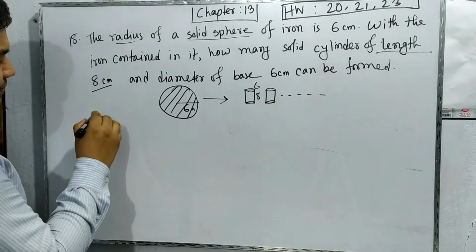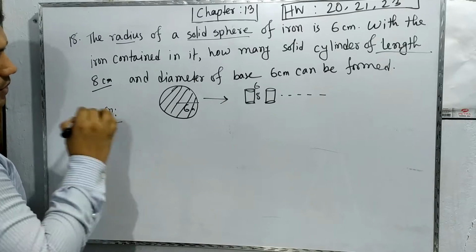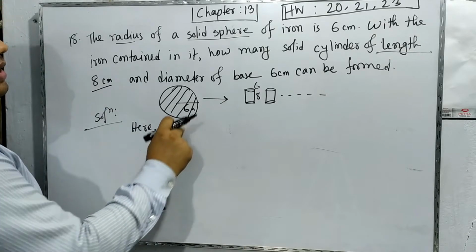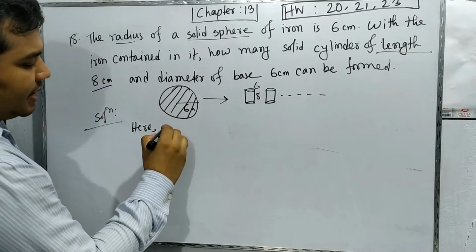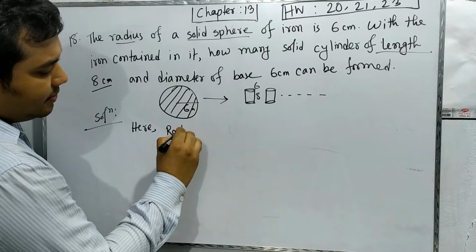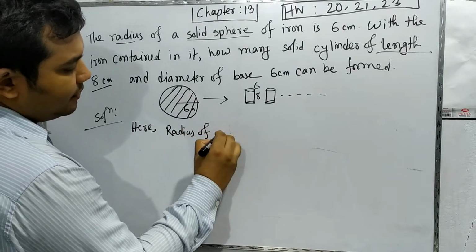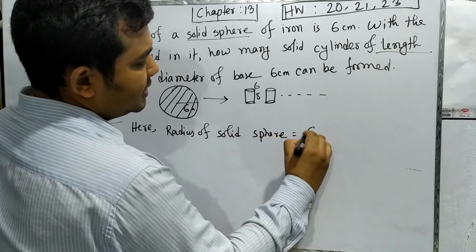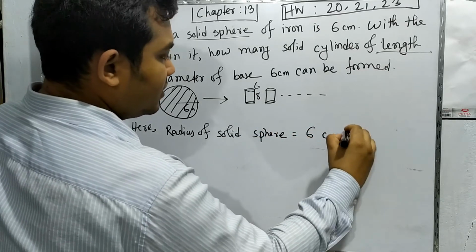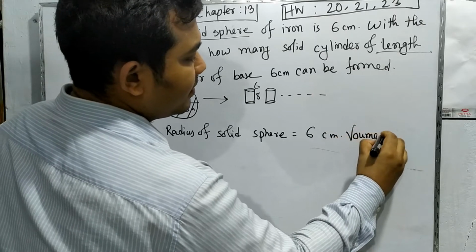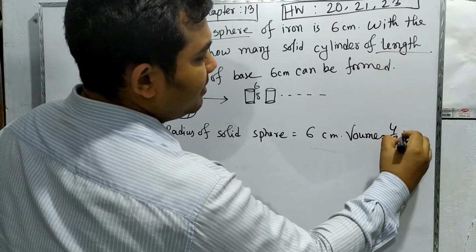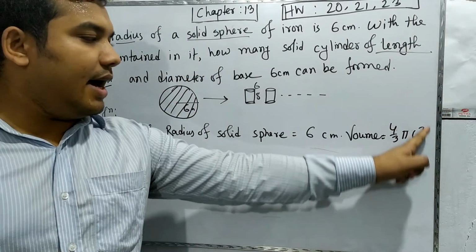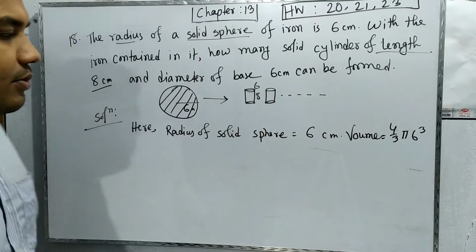So here the radius of the solid sphere is 6 centimeter. So the volume will be 4 by 3 pi 6 cube, isn't it? 4 by 3 pi r cube, so 4 by 3 pi 6 cube.